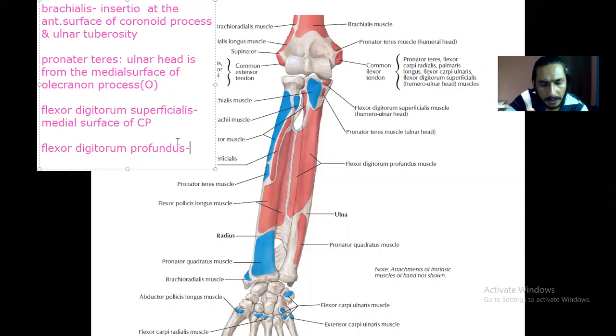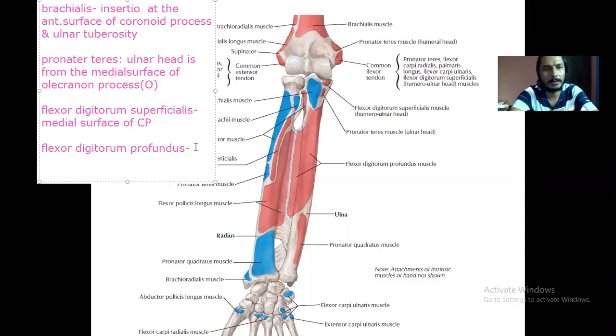Now see here, it has an origin from the upper 3/4 of the anterior and the medial surface. So origin only, O for origin, I'll write here. Origin is from the upper 3/4 of the anterior and the medial surface.